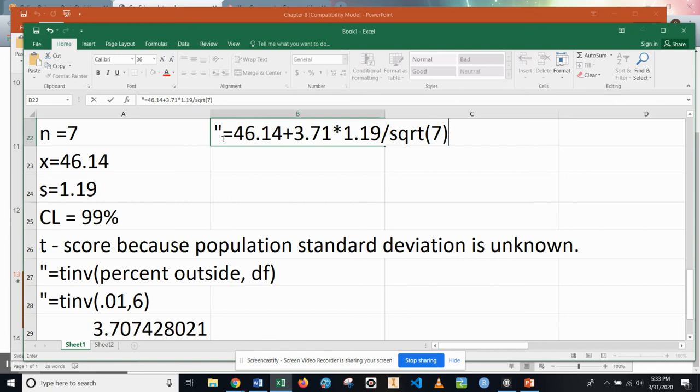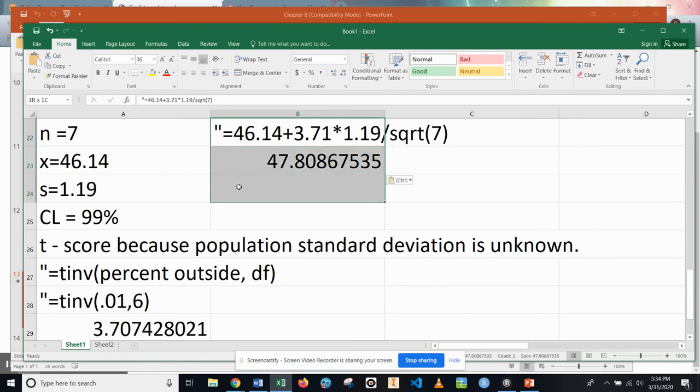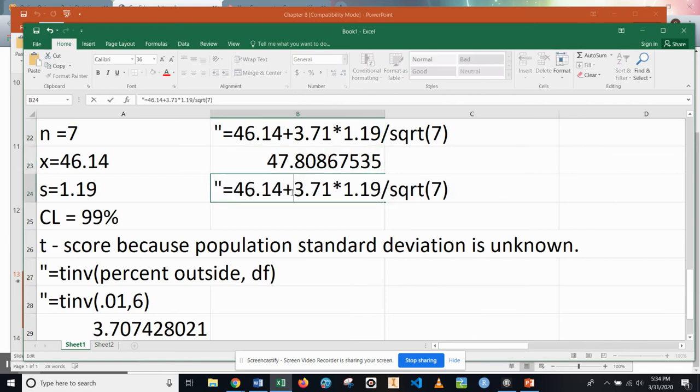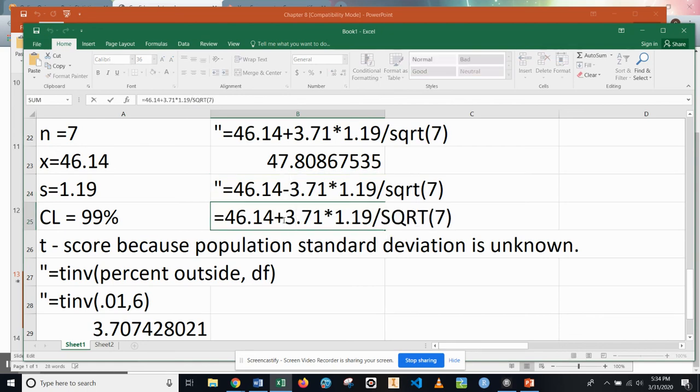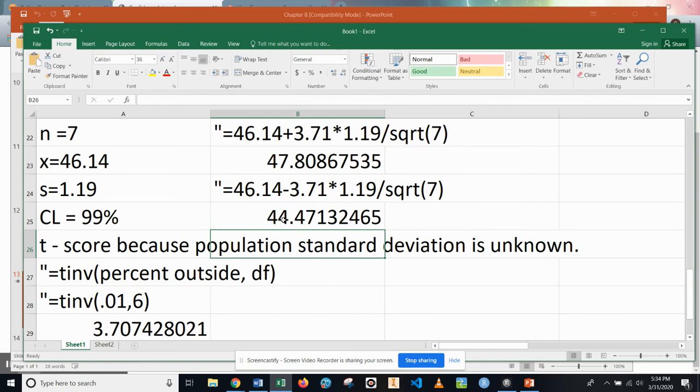Everything else gets typed in the same. It's just a matter of where that value is coming from. You have to recognize that it's a different situation, that you don't have your population standard deviation. You have your sample standard deviation.